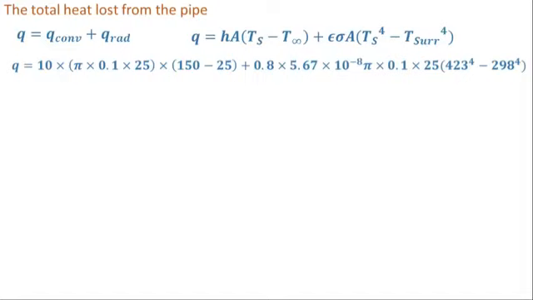The length of the pipe is 25 meter. Surface of the pipe is maintained at a temperature of 150 degrees centigrade, and the air is flowing at a temperature of 25 degrees centigrade. Emissivity of the material is 0.8. Stefan Boltzmann constant is 5.67 exponent minus 8.